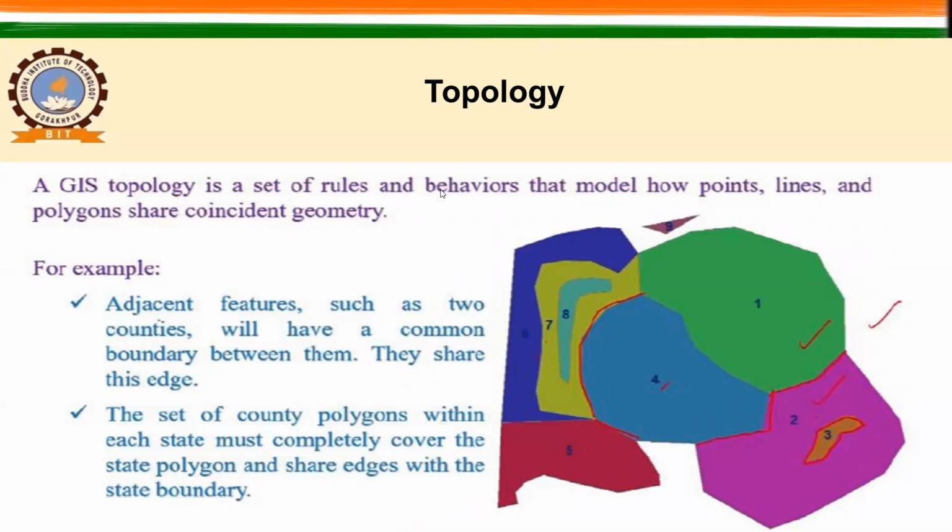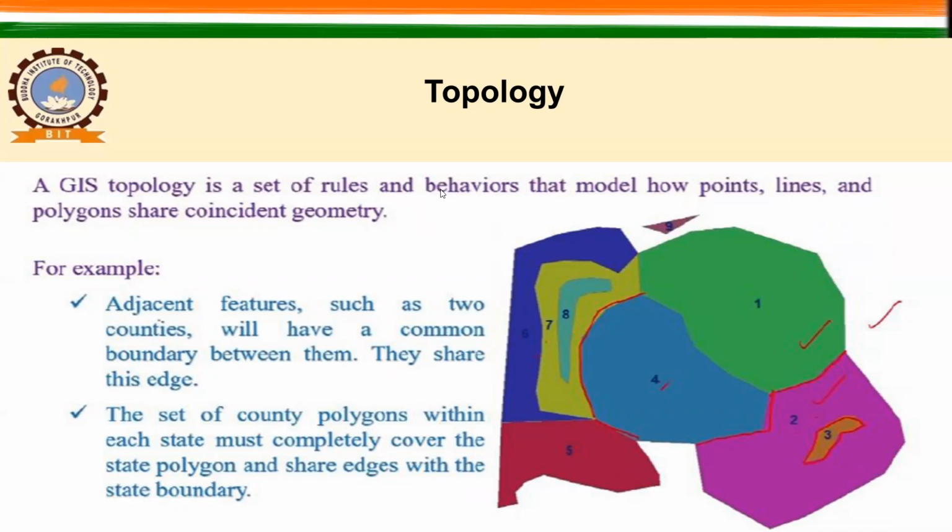When you're dealing with vector data, topology plays a very critical role because it defines the rules or behavior of how these points, lines and polygons are connected with each other, what is the position and location of each individual line, point or polygon, whether they are inside, sharing a boundary, or just overlapping each other. So that information can be stored when we have topology, right?